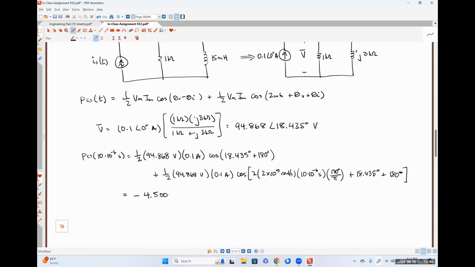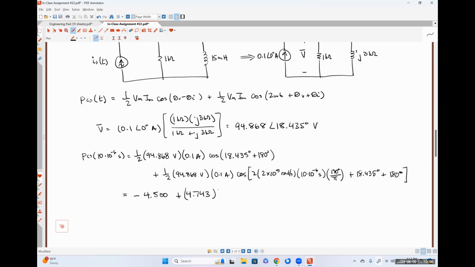And that gives me 4.743. And now I'm going to do that cosine bit. I'm just breaking this up into smaller parts so that my calculator doesn't freak out too hard.